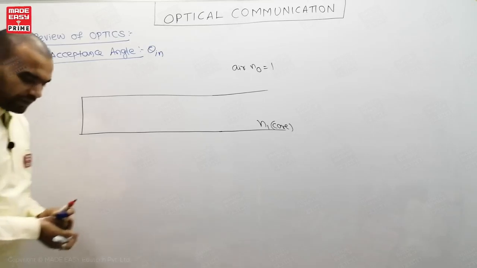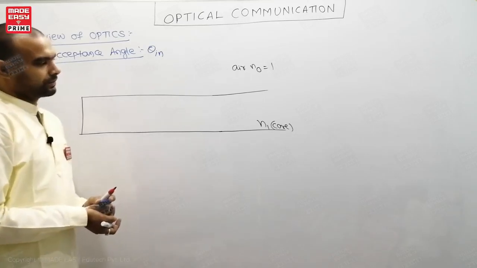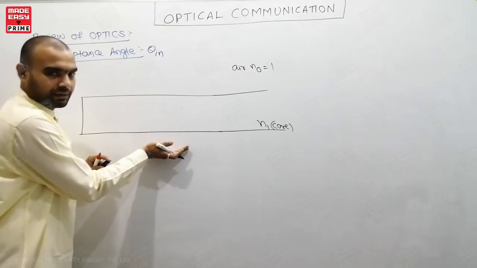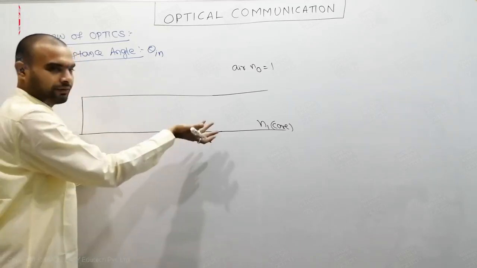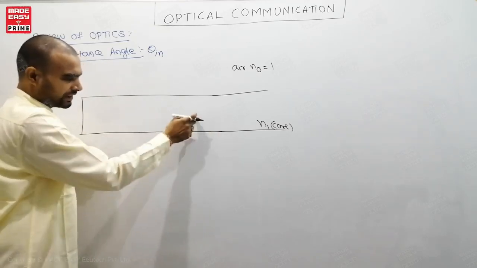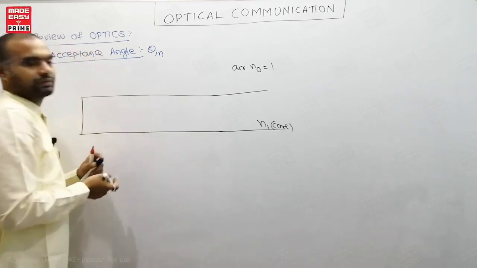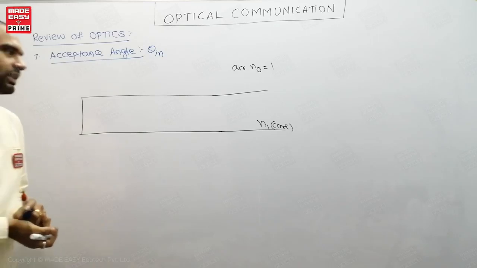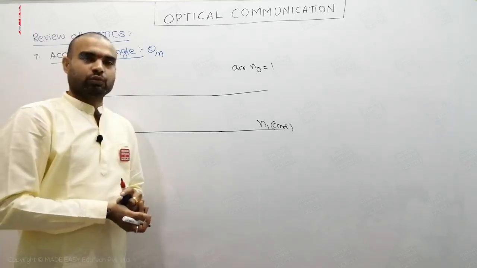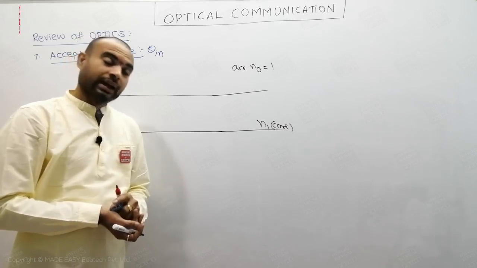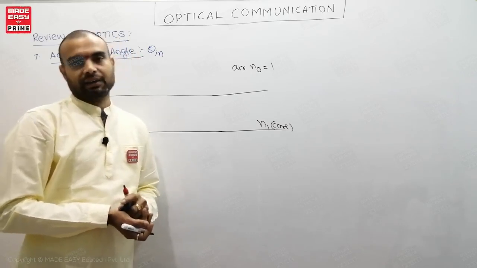The major problem with this fiber is that whenever we put another fiber close to this one, of the same material N1, we cannot discriminate between these two fibers. Light will pass into that fiber. And the mechanical strength of the fiber is very low because pure glass is used, and contamination is also very high.